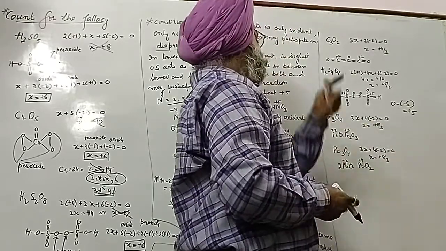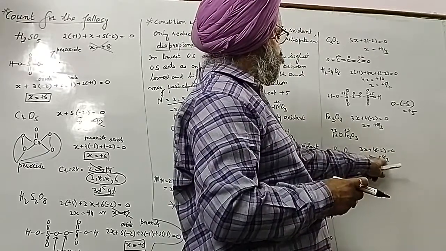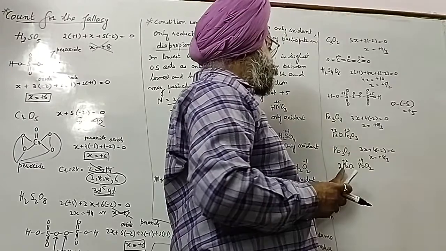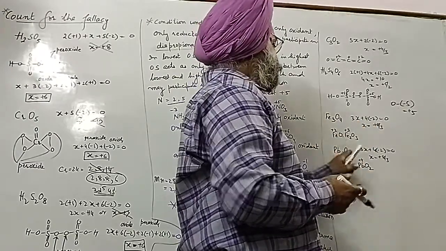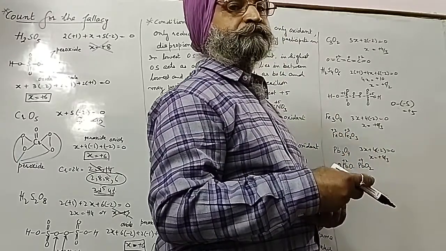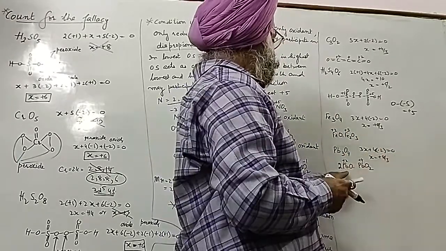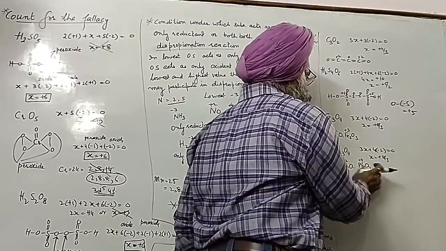On the other hand, in case of Pb3O4, again the answer is +8 by 3 because it is a binary compound. It means all the Pb do not have the same oxidation state; they have different oxidation states. It is 2 PbO and PbO2, but they are in a 2:1 ratio.